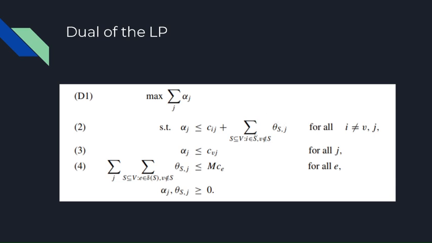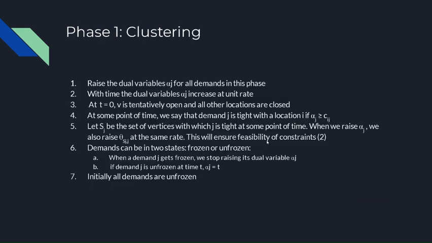So we are not focusing on the other part of this constraint, and to make sure that the constraint is still obeyed, we are going to increment the right hand side simultaneously for all s_j. S_j is the set of vertices for which j is tight at some point of time. So for any particular location where it becomes tight, it will come under s_j, and for this set of vertices we will increment theta_sj at the same rate, so the constraint will be maintained.